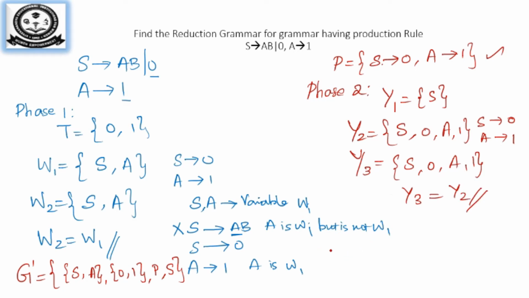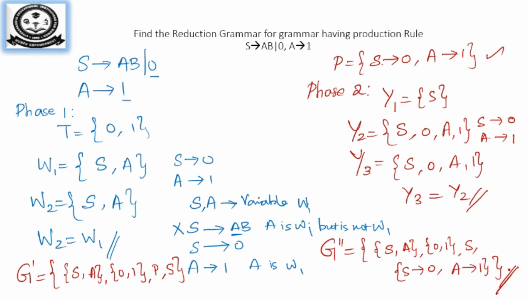The reduced grammar G double dash, which is derived from phase 2, has non-terminal variables S and A and terminal symbols 0 and 1, the start symbol S, and the production rules S tends to 0 and A tends to 1. So this is my reduced grammar for the given context-free grammar.